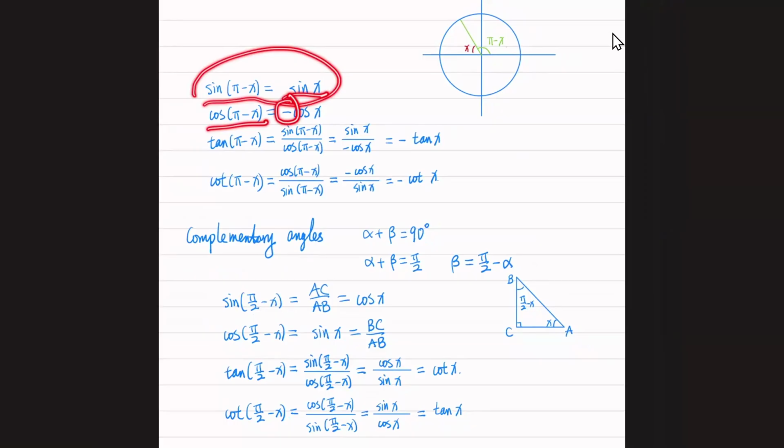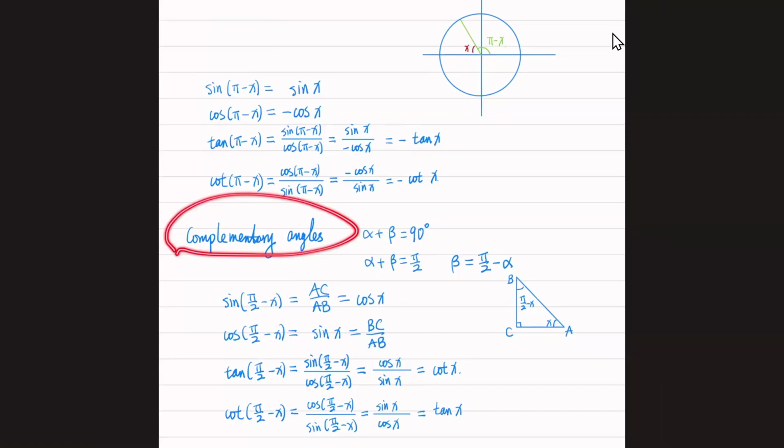Tangent and cotangent both have the opposite sign. But sine stays sine, cosine stays cosine. For complementary angles, we switch. Sine goes to cosine, cosine goes to sine. Tangent goes to cotangent, cotangent goes to tangent. Okay, those are the differences.